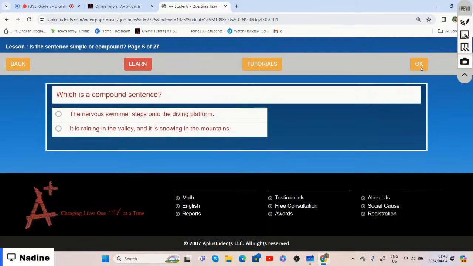So we need to say which is a compound sentence. The nervous swimmer steps onto the diving platform, or the second one which says, it is raining in the valley and it is snowing in the mountains.